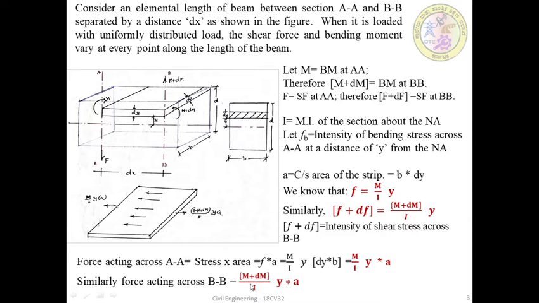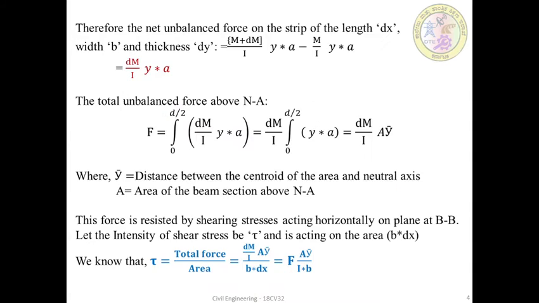Similarly, the force acting across BB is equal to (M plus dM) divided by I into y into a. Therefore, the net unbalanced force on the strip of length dx, width b and thickness dy is given by the force on the section BB minus the force on the section AA.